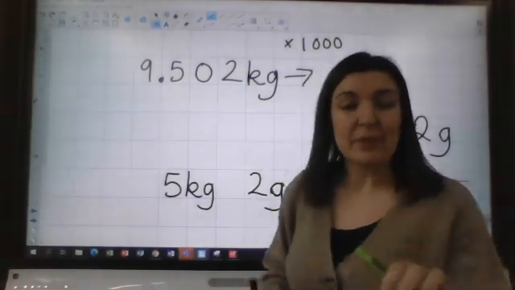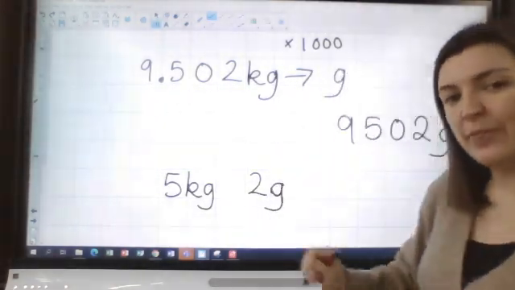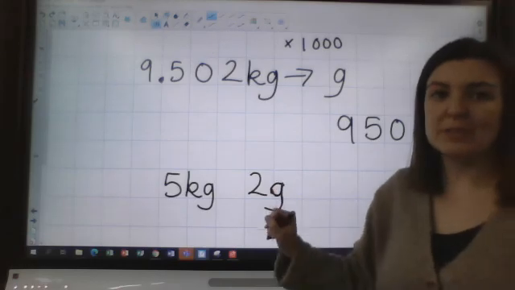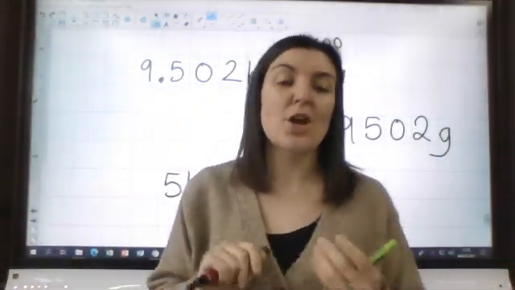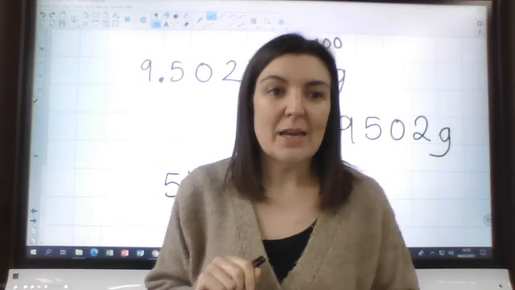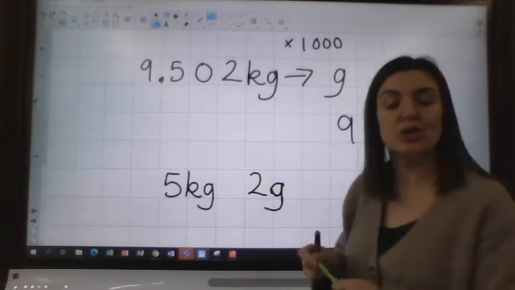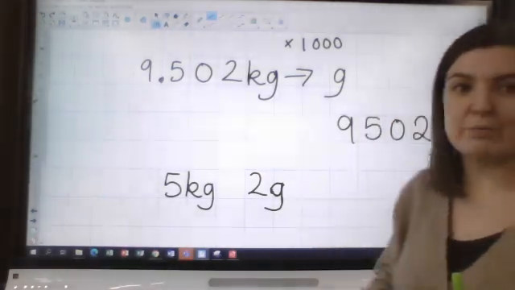Right, finally, there's a couple of ones that are there to trick you. So this one then is 5 kilograms and 2 grams. Now remember, I told you that there are 1,000 grams in a kilogram. Now it might be really tempting to just write, oh, I know what it is, it's 5,200, but it's not, because you've only got 2 grams.